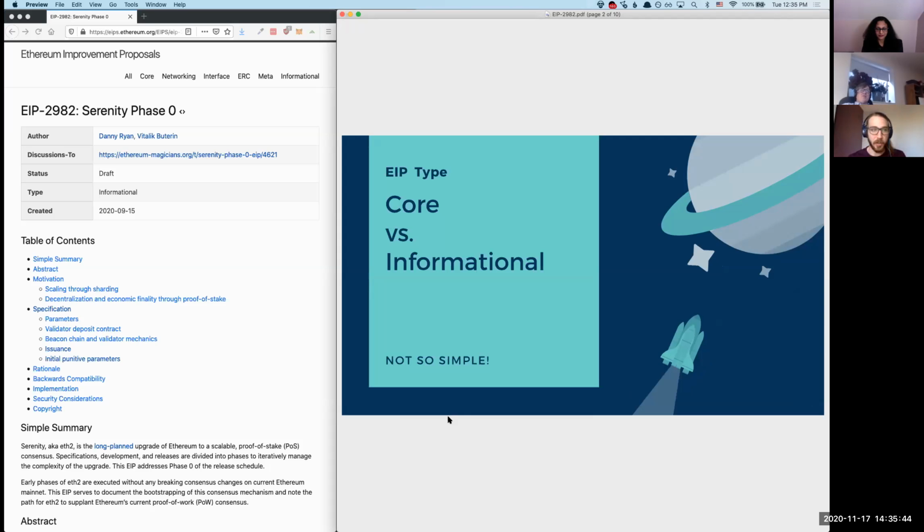There are ERCs, which are requests for comments. These are more like standards for how to build things or interact with things. There's probably more, but there's also this informational one. And this informational one, which is the type of EIP-2982, is not actually used very much. And it's really to provide information and doesn't really solicit.